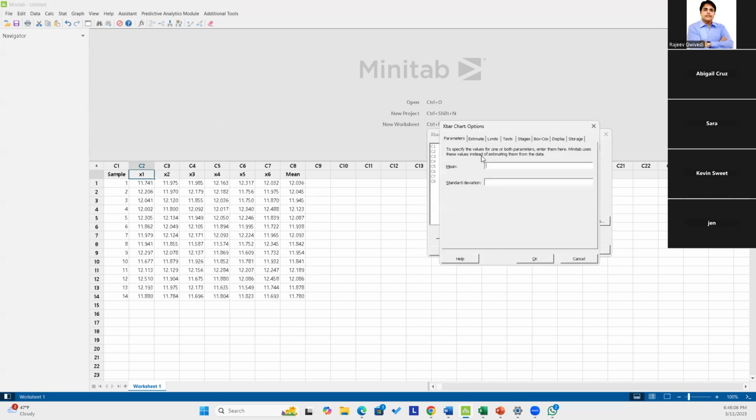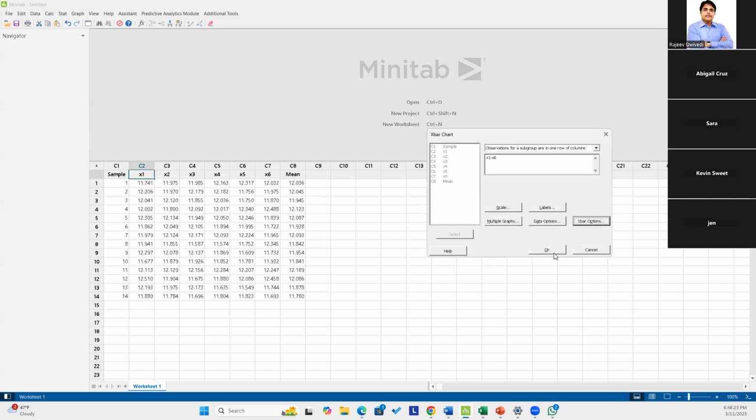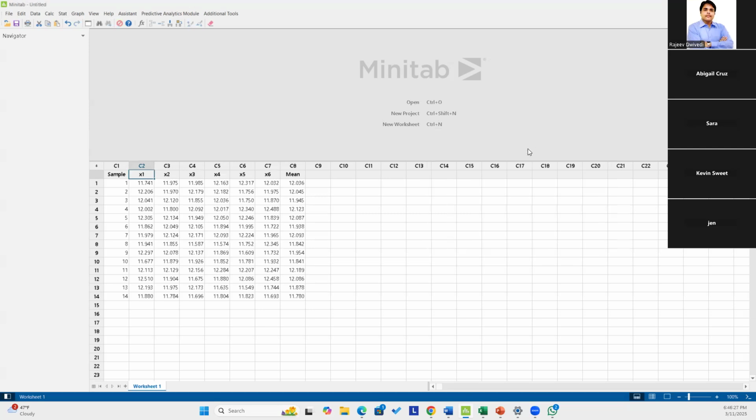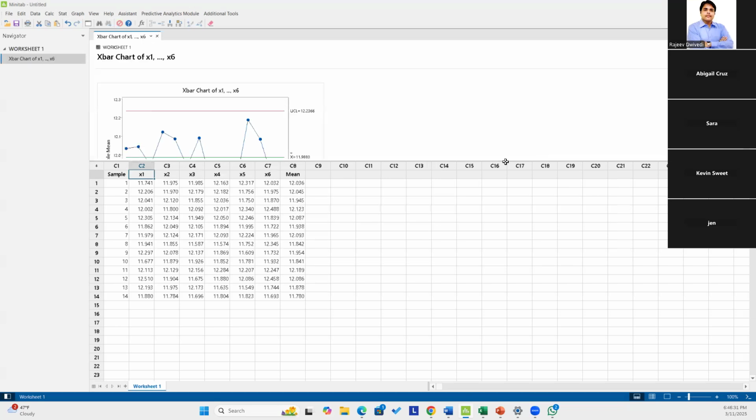If I want to give some mean or standard deviation, I can decide the lower and upper control limits. So I can decide these limits if I want to. I'm just creating a simple X bar chart.